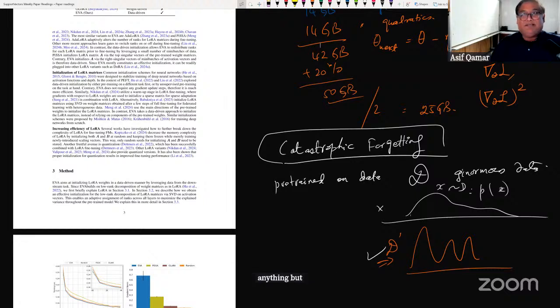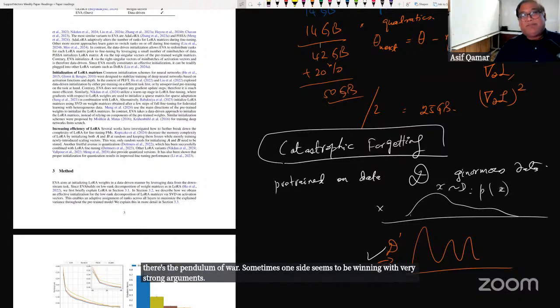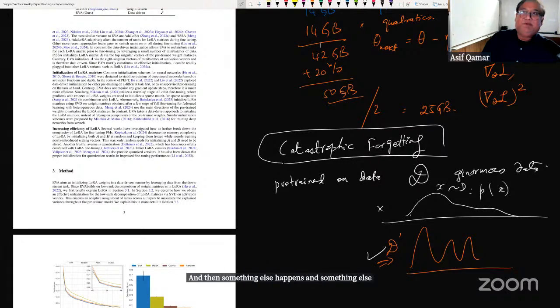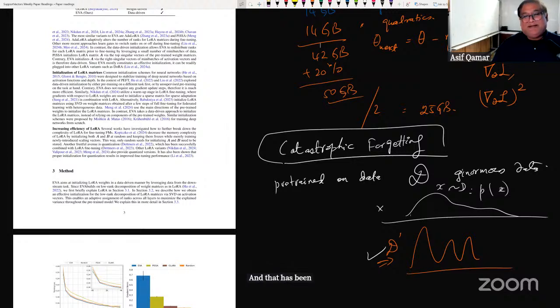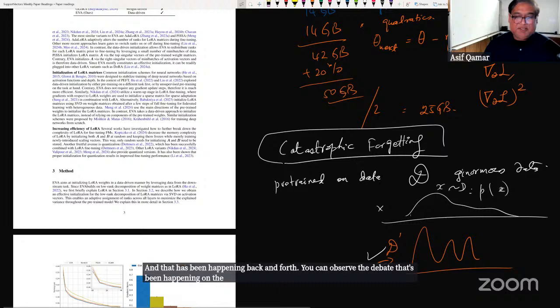In a metaphorical way, the two sides are at war. Sometimes one side seems to be winning with very strong arguments, and then some other research paper or finding comes through, and the pendulum swings the other way. That has been happening back and forth. You can observe the debate on the internet.